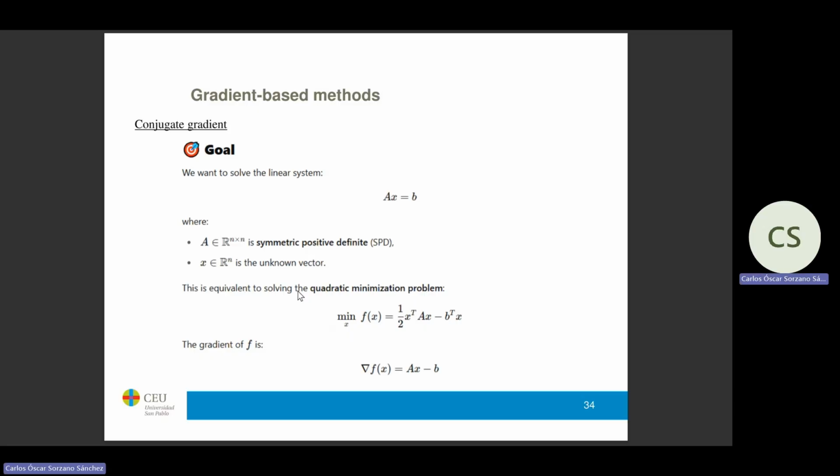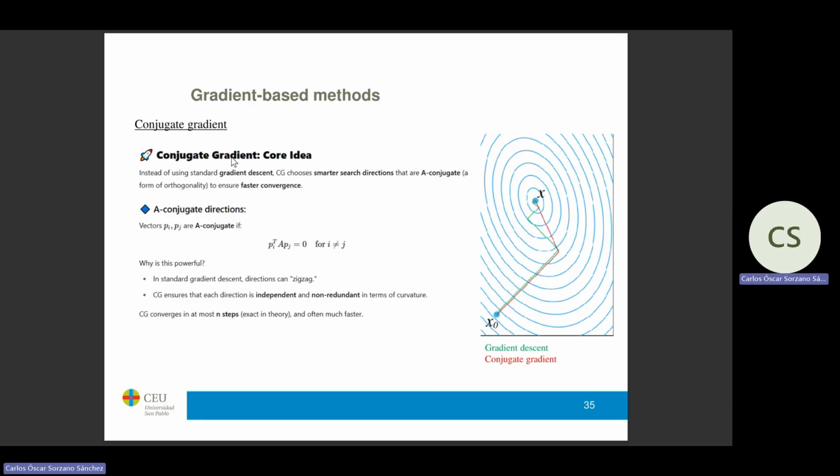And then what we will do is look for directions that are A conjugate. Two directions are A conjugate if this is fulfilled: Pi transpose A Pj is 0. If this is true, then these two directions are A conjugate.